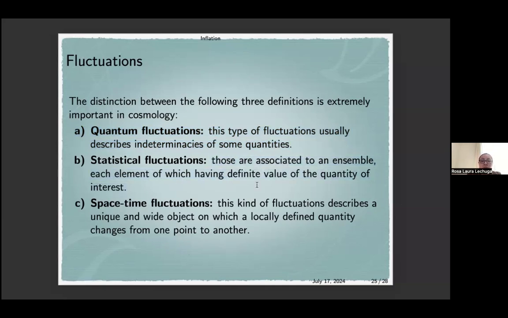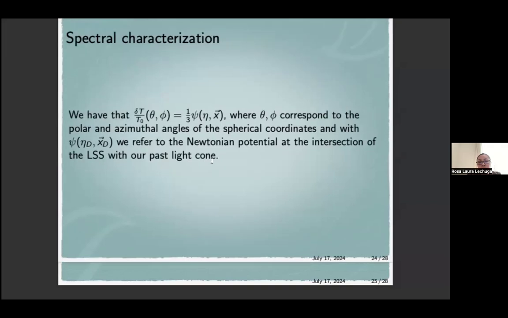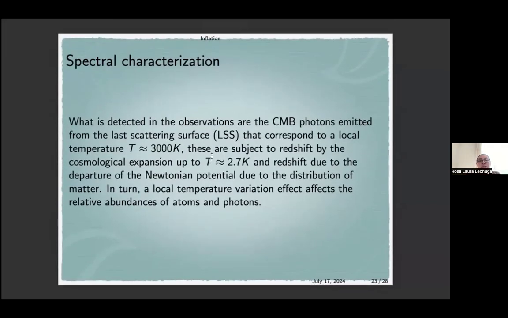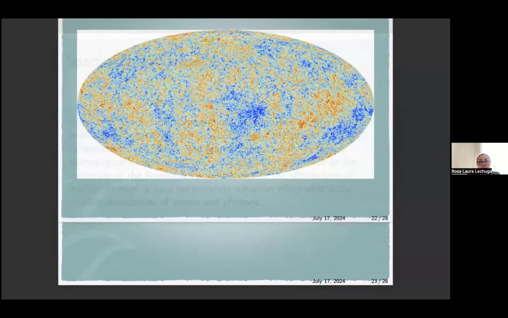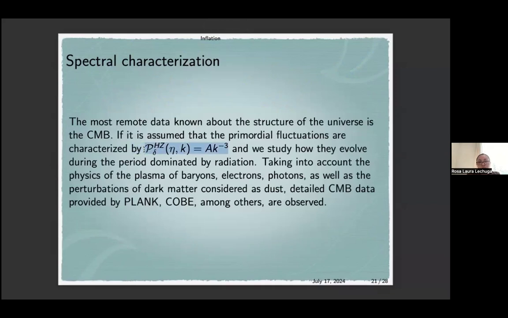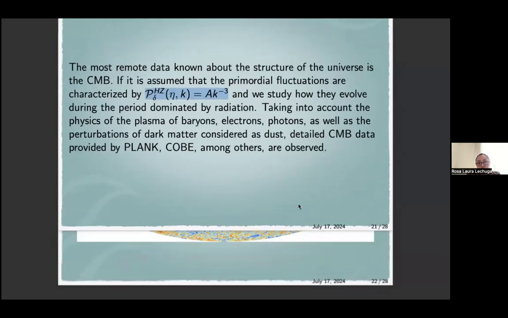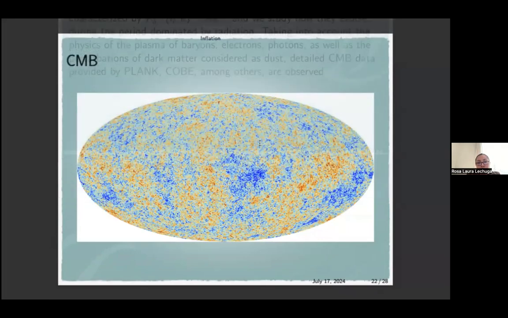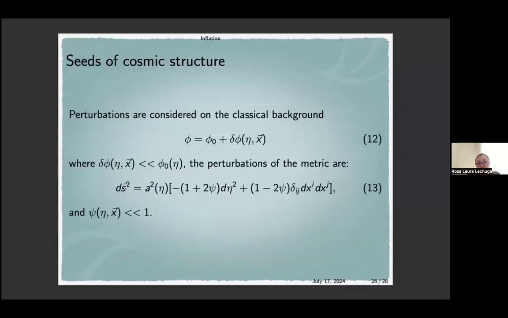So tomorrow I'm going to present how the cosmologists obtained the power spectrum with the same form as Harrison and Zeldovich got, but taking into account the inflaton, the perturbations on the inflaton, as I wrote here, and the perturbations on the background.